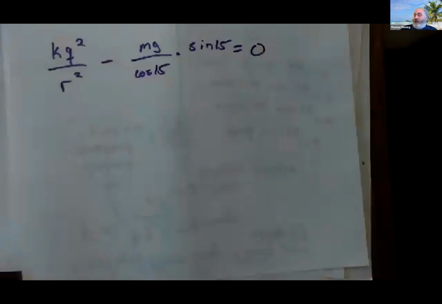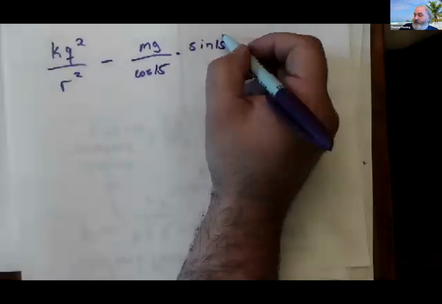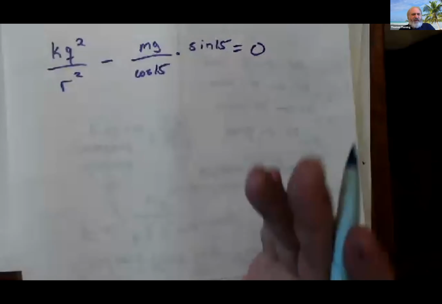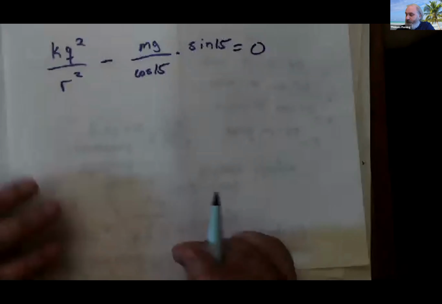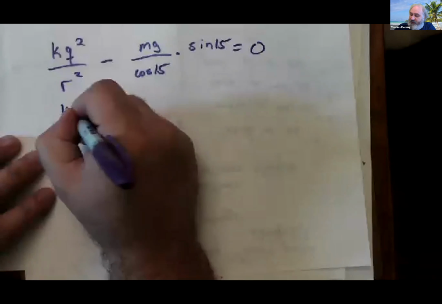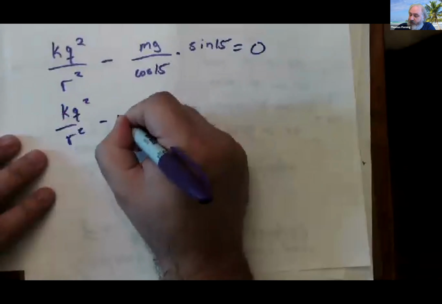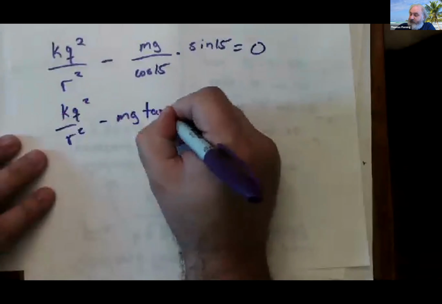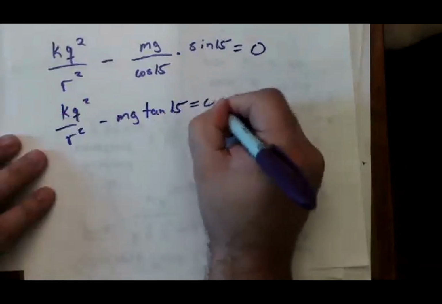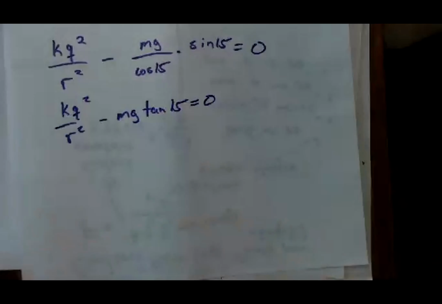And I can make that prettier, because sine of 15 over cosine of 15 is the same as tangent. So I could write kQ squared over R squared minus mg tan 15 equals 0. So far, so good?